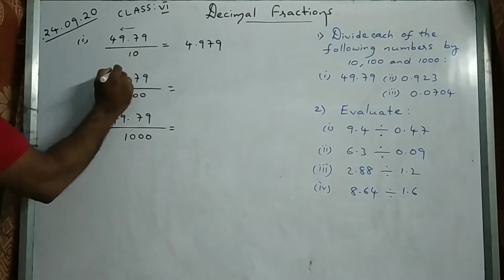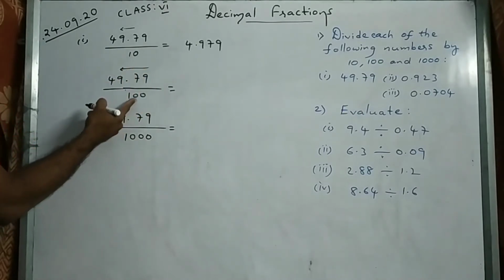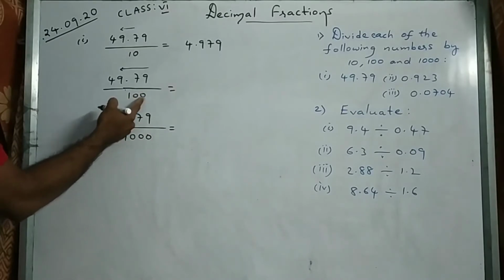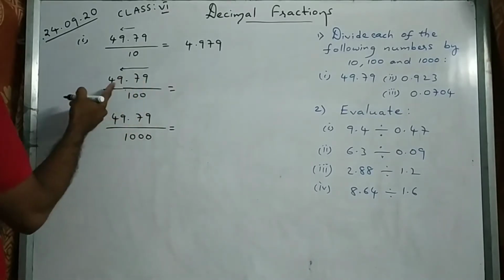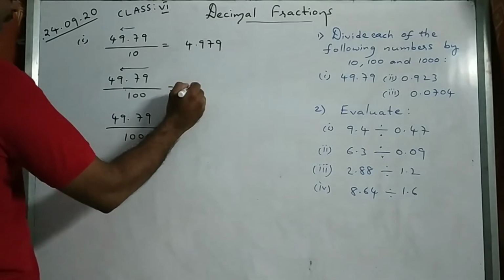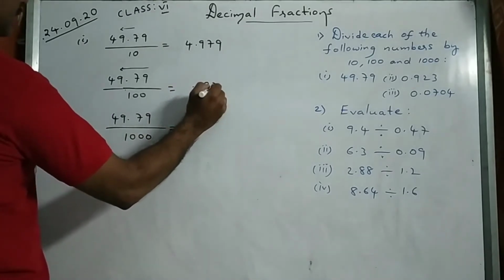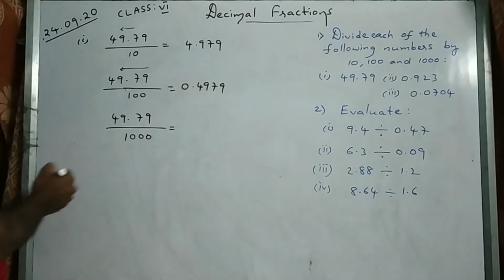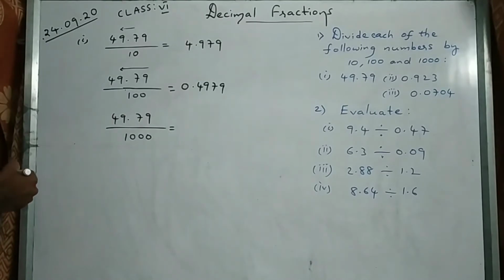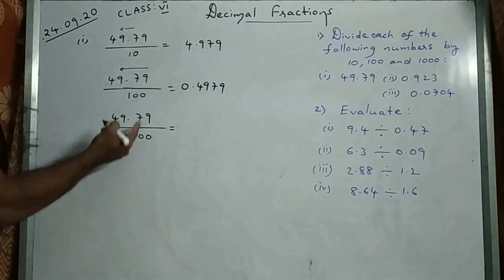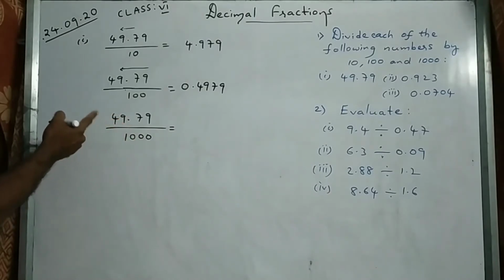So this also moves towards the left. How many digits is the decimal point moving? 2 digits, because there are 2 zeros here. So the decimal point will be coming here, 0.4979. Did you understand? Here 3 zeros are there, but we have only 2 digits.